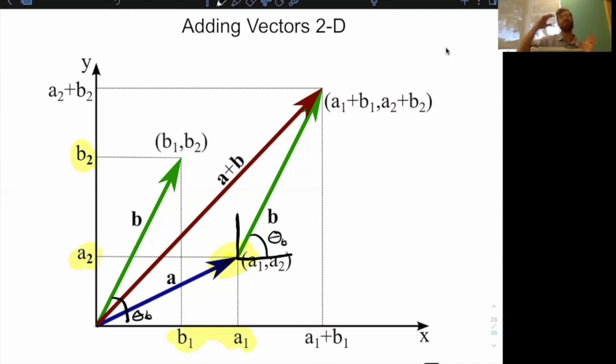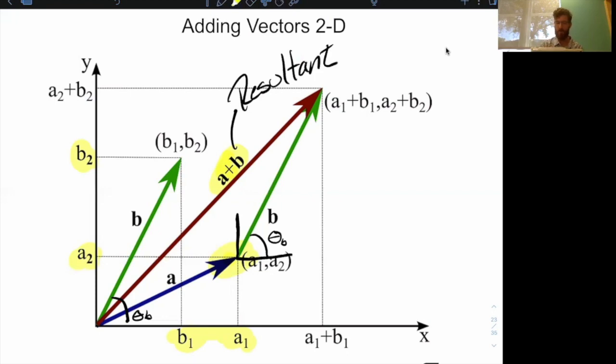They've just copied and pasted that vector to a slightly different place. Head to tail, A plus B. Now, they've drawn the vector from the beginning of A to the end of B.